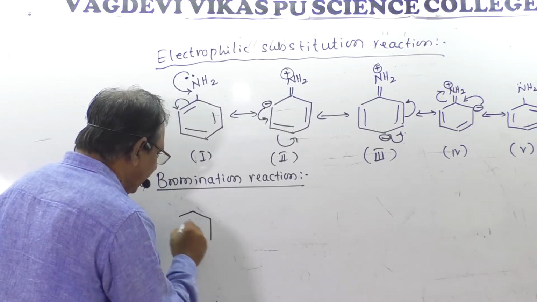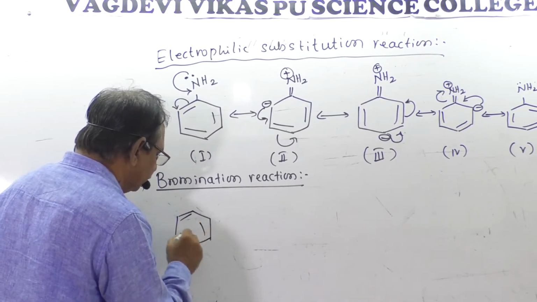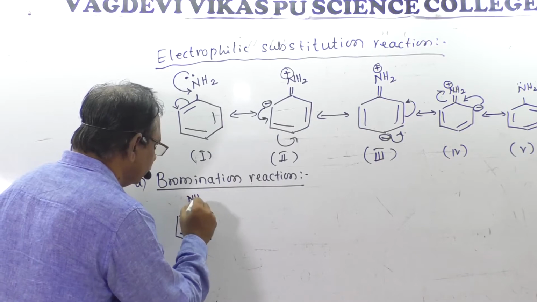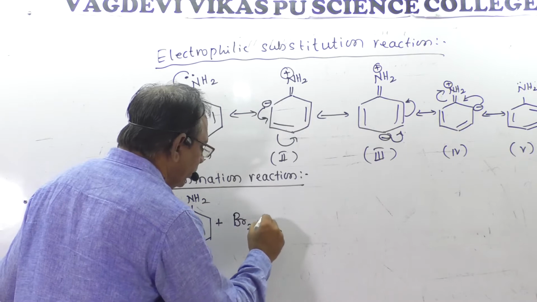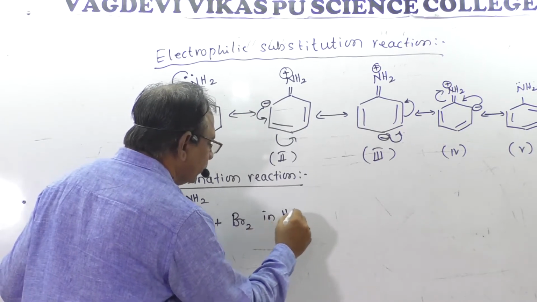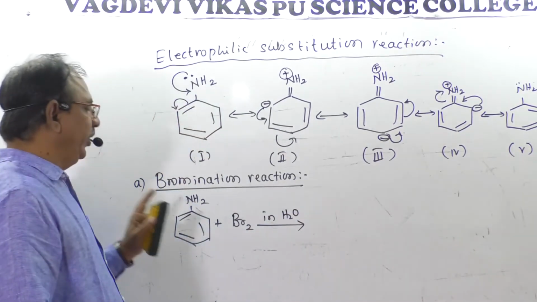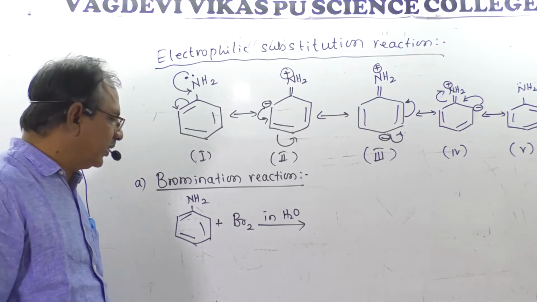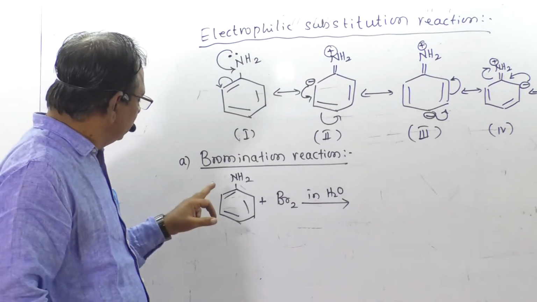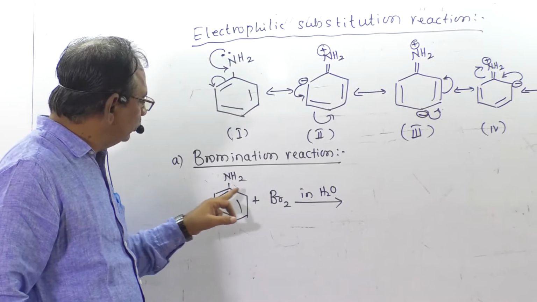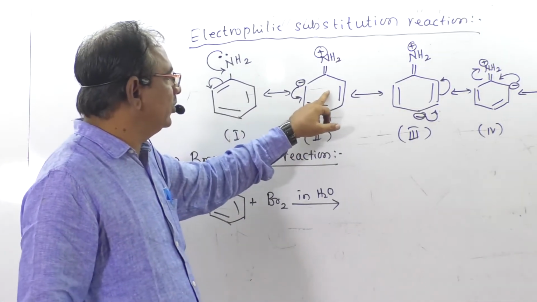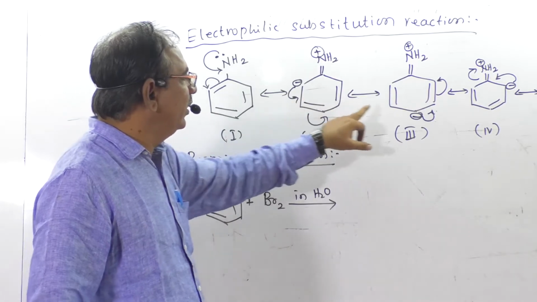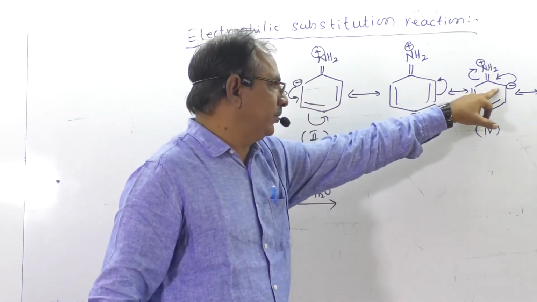So, aniline reacts with bromine prepared in water. Both the ortho position and para position, according to the resonance stabilized structures, are electron rich positions.